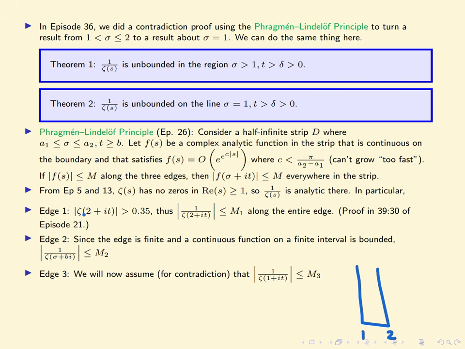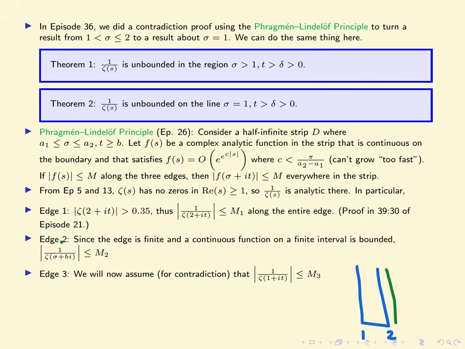On the right edge, zeta of 2 plus it is at least 0.235, and this is something we proved back in episode 21. Here's the timestamp in the middle of that video where we proved this. And if this is true, then 1 divided by this thing is definitely bounded by some m1 along the entire edge, where it's just the reciprocal of this number.